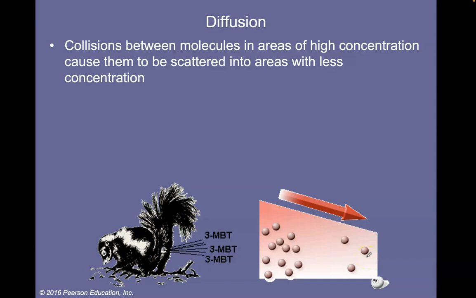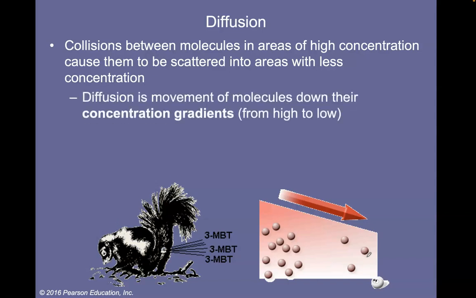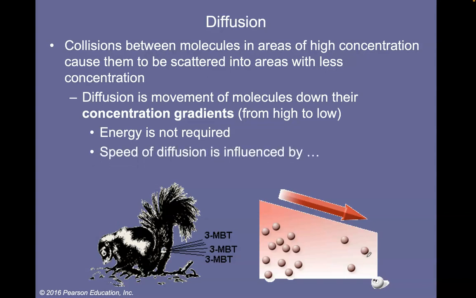If your dog breaks wind on the other side of the room, you are likely going to try to open a door and allow the diffusion of those molecules into another room. So we all intuitively understand the concept of diffusion. If you ever forget, just think of simple things like your dog breaking wind, and you'll remember that things move from areas of high concentration down their concentration gradient to areas of low concentration. And energy is not required for this to happen.